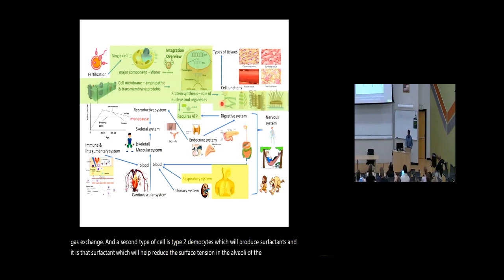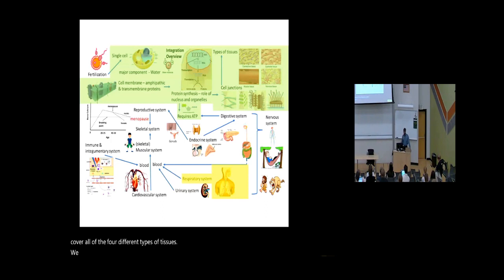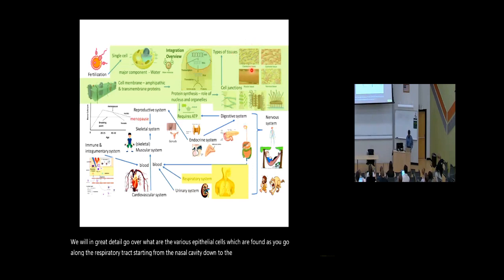As far as the cell junctions are concerned, we won't get into much detail about that, but we will cover all of the 4 different types of tissues. We will in great detail go over the various epithelial cells which are found as you go along the respiratory tract, starting from the nasal cavity down to the alveoli. And we'll see that there are different types of connective tissue we'll encounter.